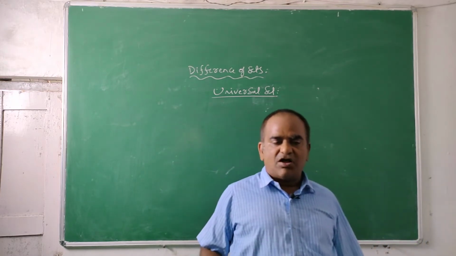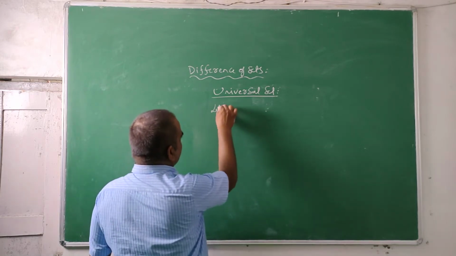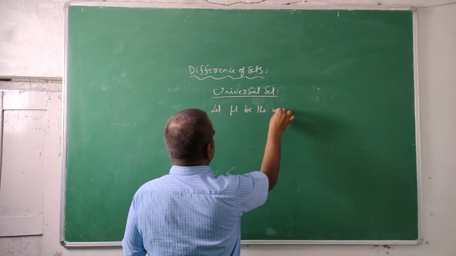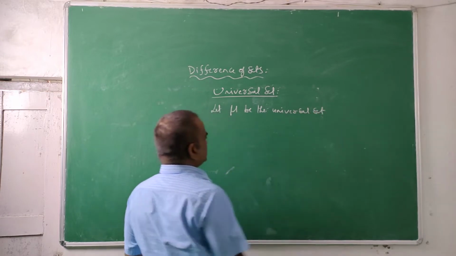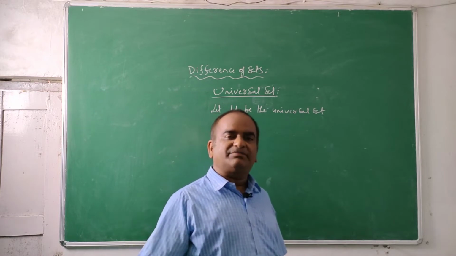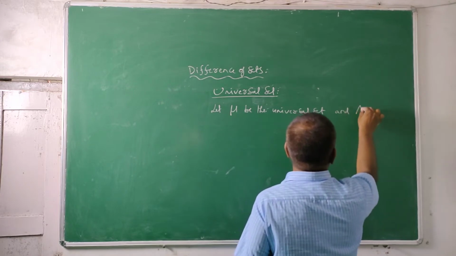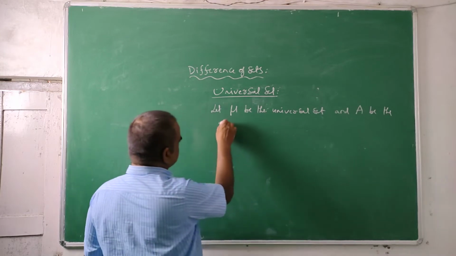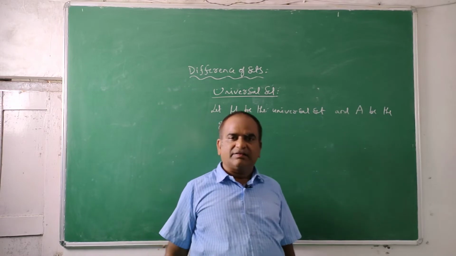Now what is the complement of a set? See, let mu be the universal set and A be the given set. Obviously, A is a subset of mu.